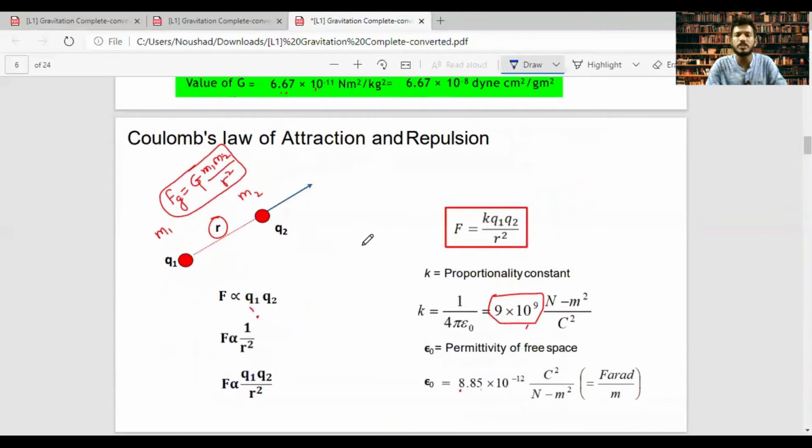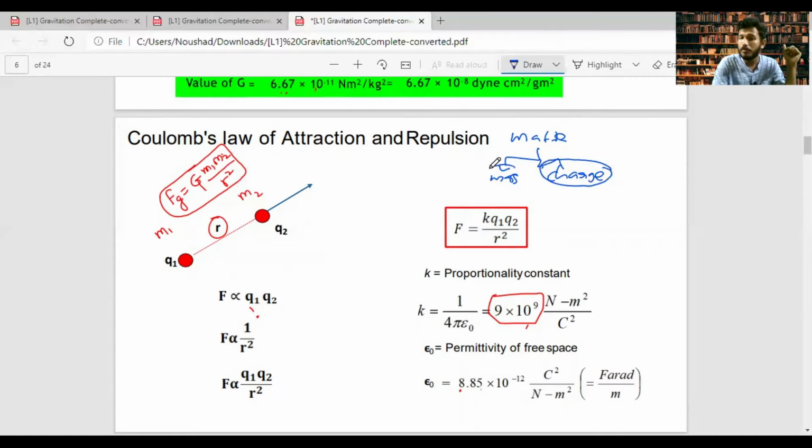Coulomb's law of attraction and repulsion. This is a very important topic in this chapter. We have also studied Coulomb's law in electrostatics, plus two, electrostatics. We know that matter has properties: one property of matter is mass, another property of matter is charge.